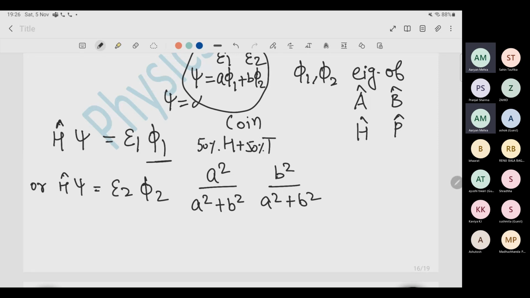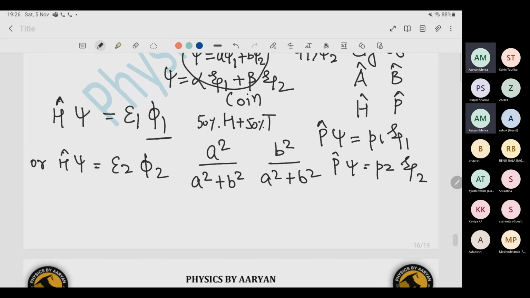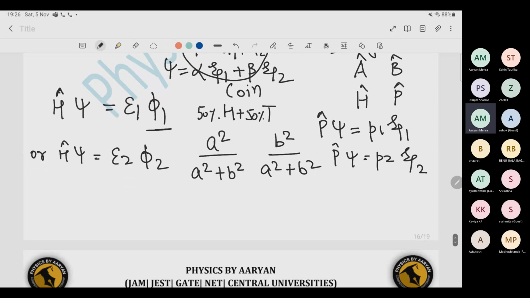So it is alpha chi1 plus beta chi2. The two possibilities now are you operate P on phi and you get P1 chi1 or you get P2 chi2. Understood?